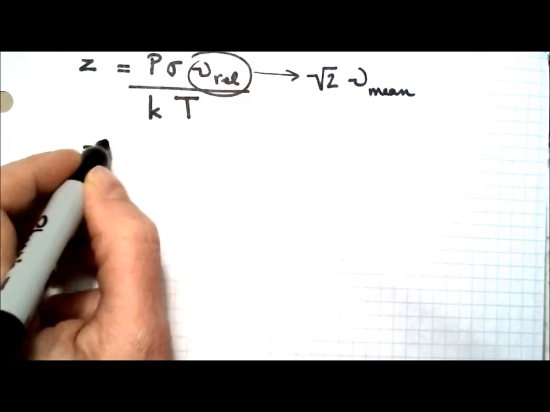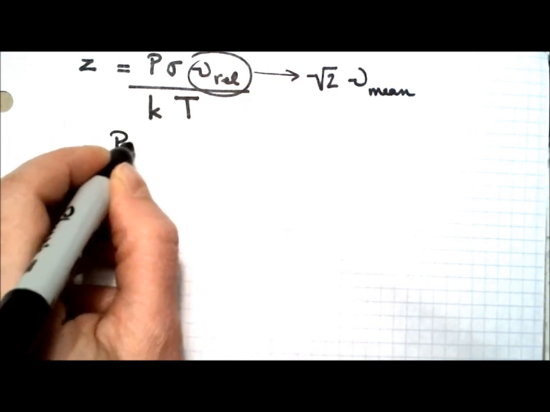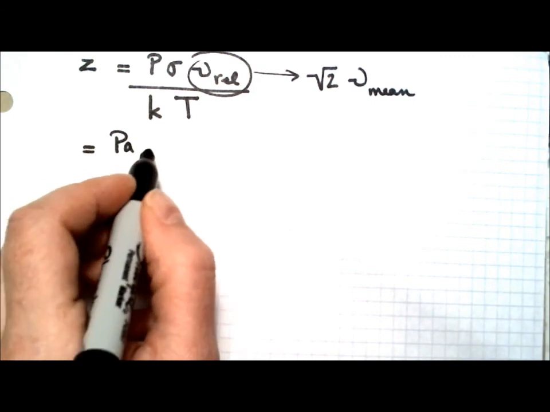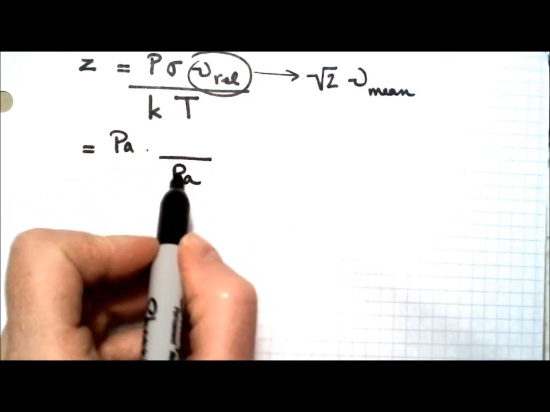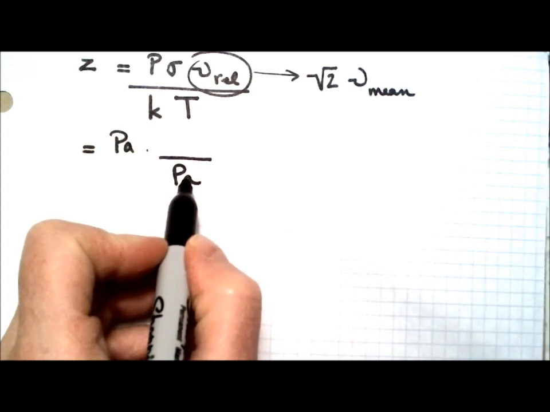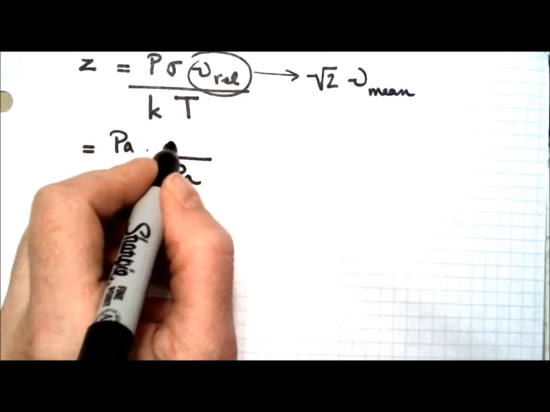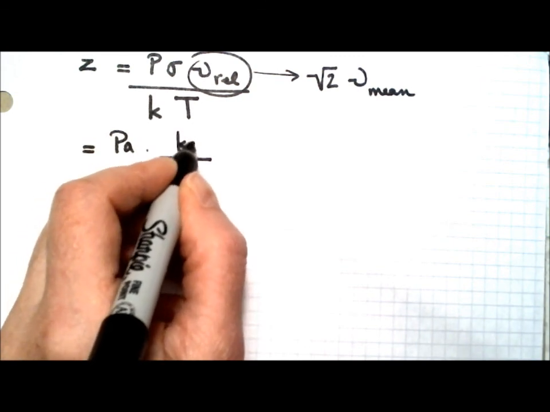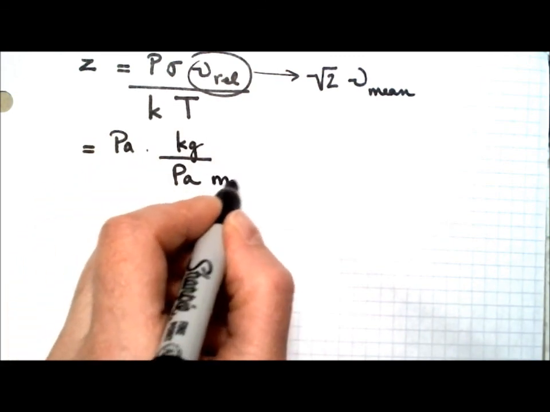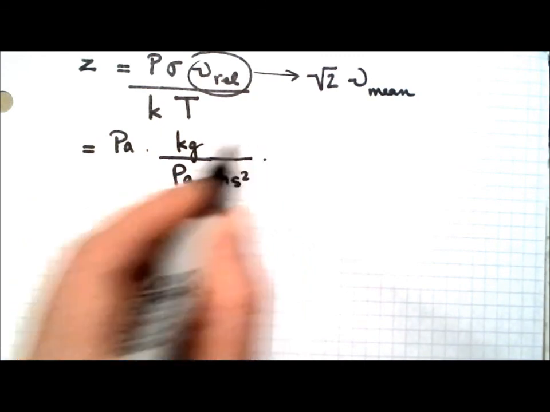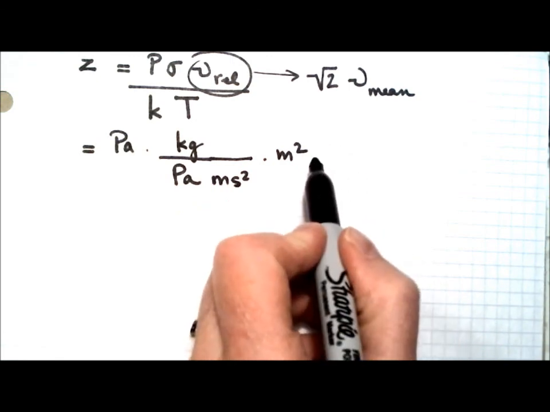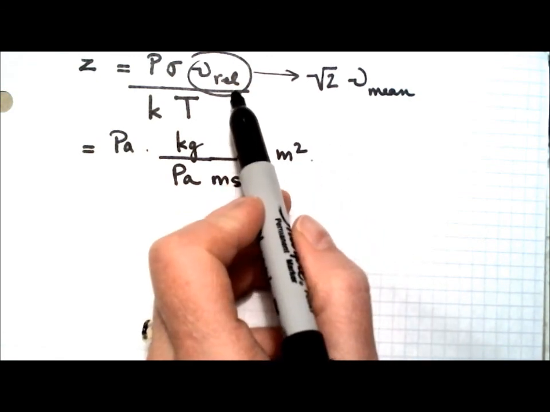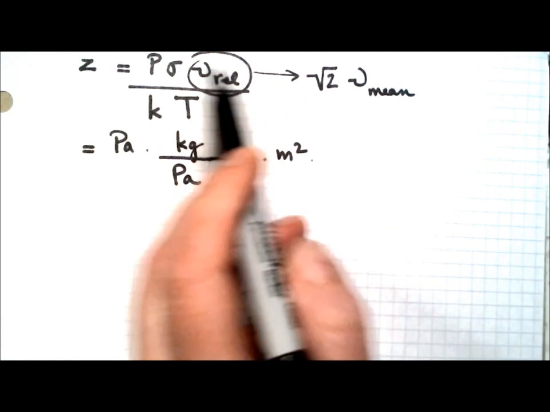My pressure would be in Pascal, and I would convert my Pascal. 1 Pascal is a kilogram per meter second squared, times my sigma, which is in square meters, times my mean relative speed, or root 2 times the mean speed.